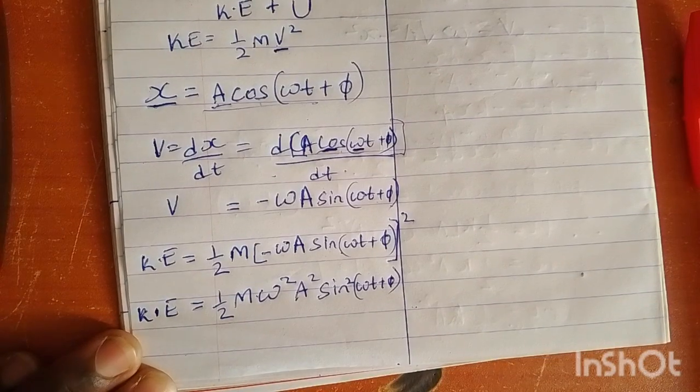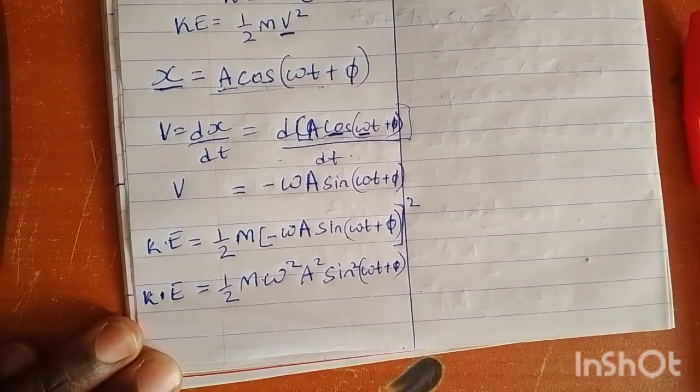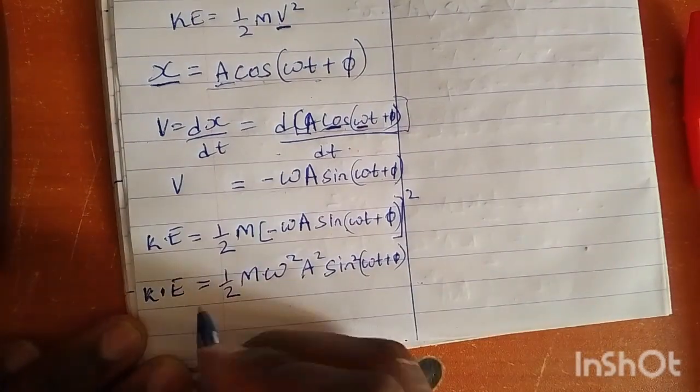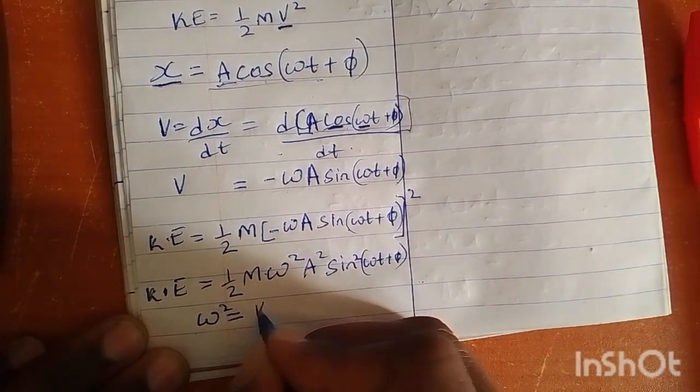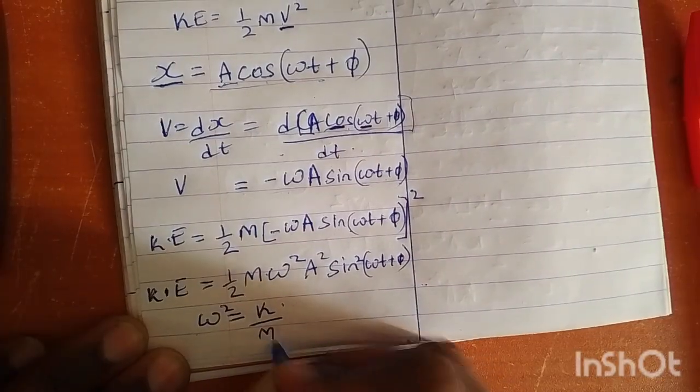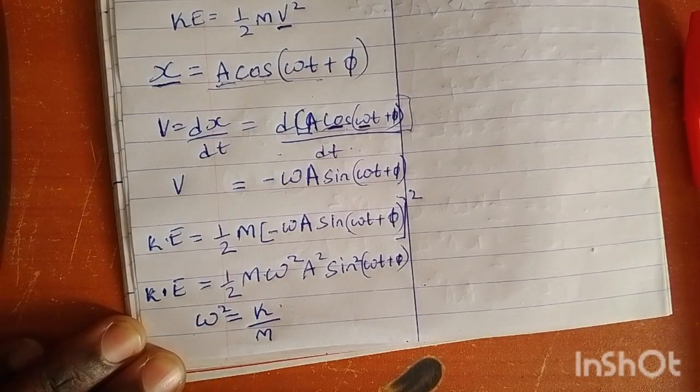For a simple harmonic oscillator, we know that omega squared is given by the spring constant divided by the mass attached to the spring.